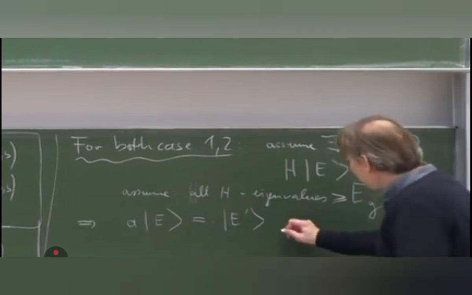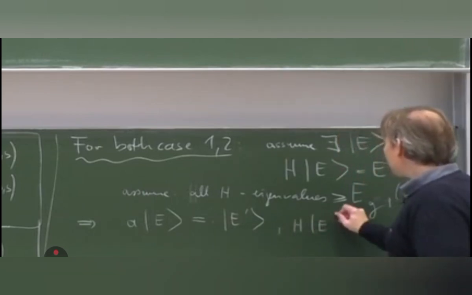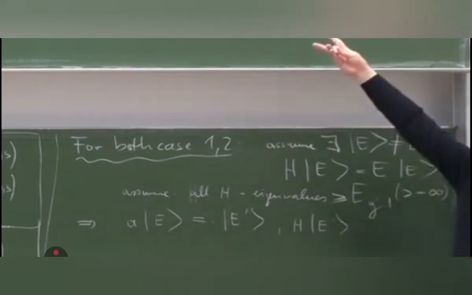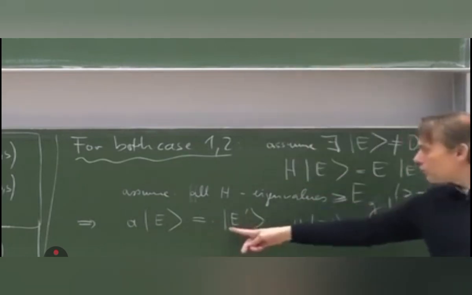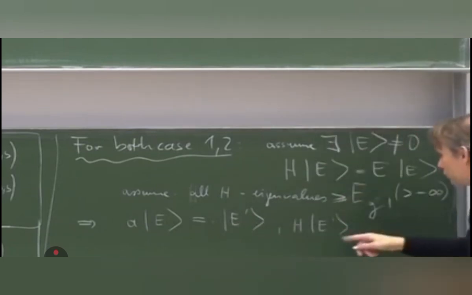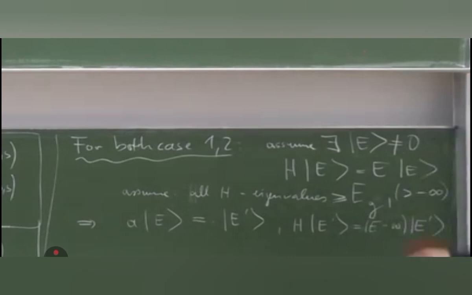What is the property of E prime? If you hit on E prime with the Hamiltonian, then from the commutation relations you know that A decreases the energy by the amount omega, and therefore this is an energy eigenstate with the eigenvalue E minus omega. So you get this eigenvalue equation. This is an automatic consequence of the commutation relation with the Hamiltonian.